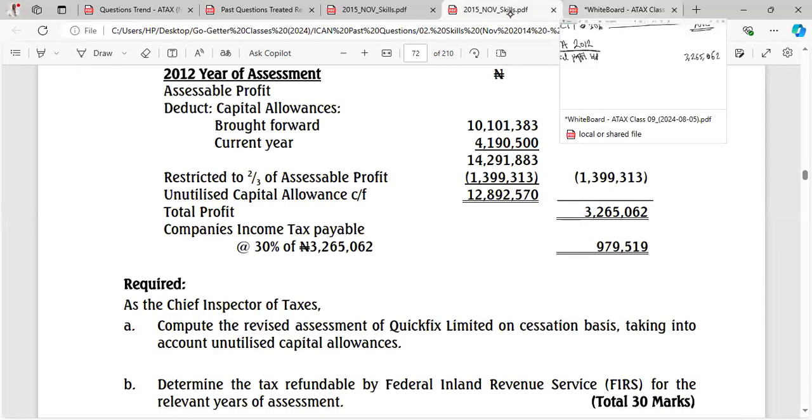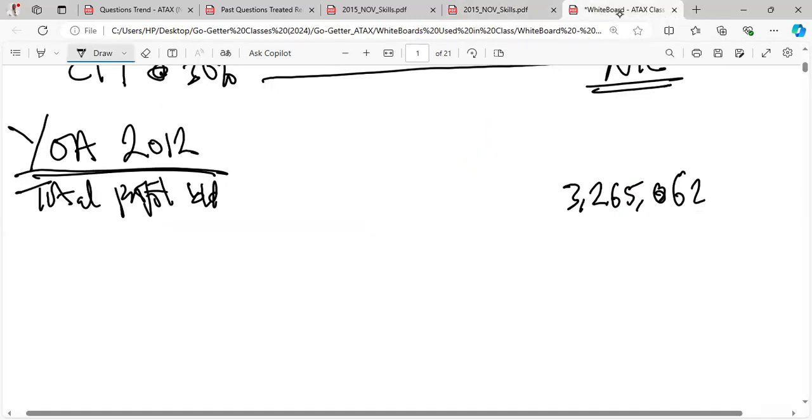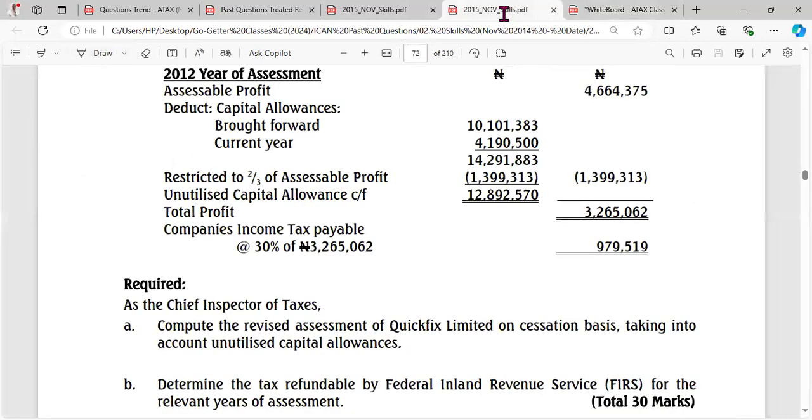Then you need to bring your total profit carried forward. So now if you look at this, you pay the tax. This is your profit before your tax, right? It is from this total profit that you paid this tax, right? So you are going to be refunded this tax.